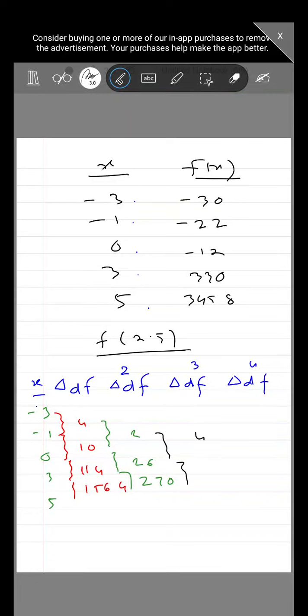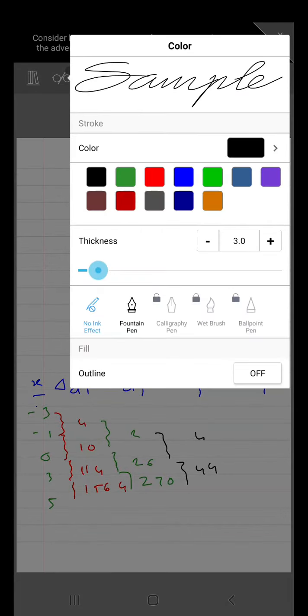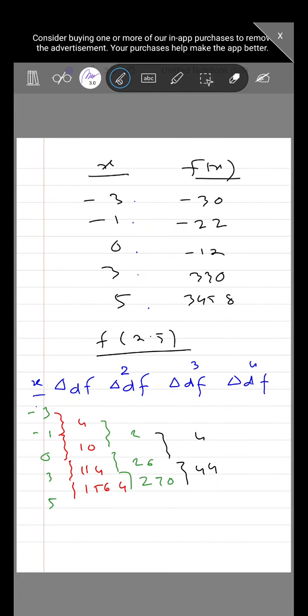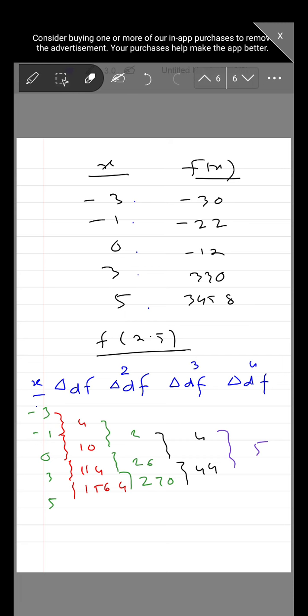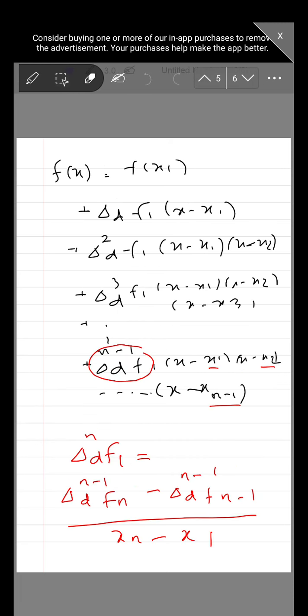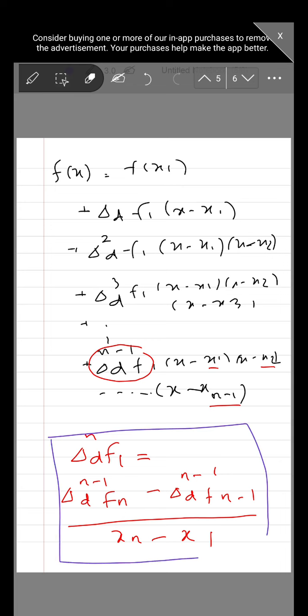For these two, we get the value 44. And lastly, for these two values, we get the value 5. So these values are based upon this equation. First we find delta d f1 and then we use it to find the other values.